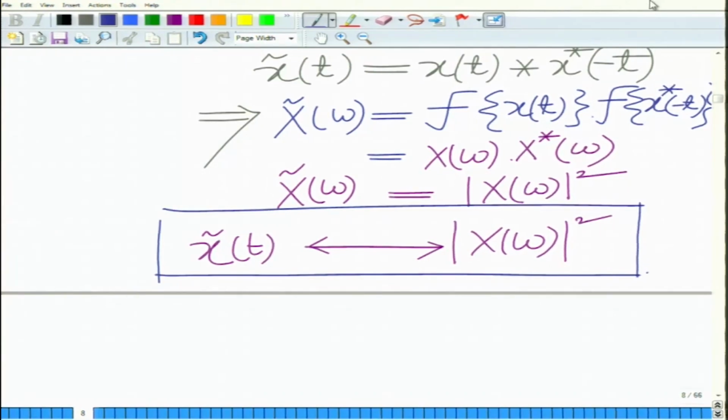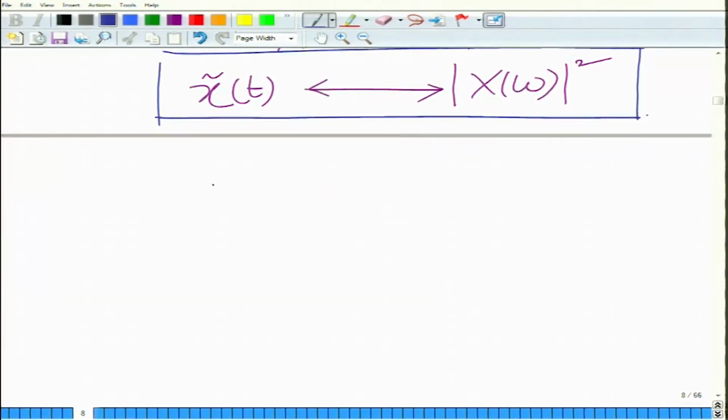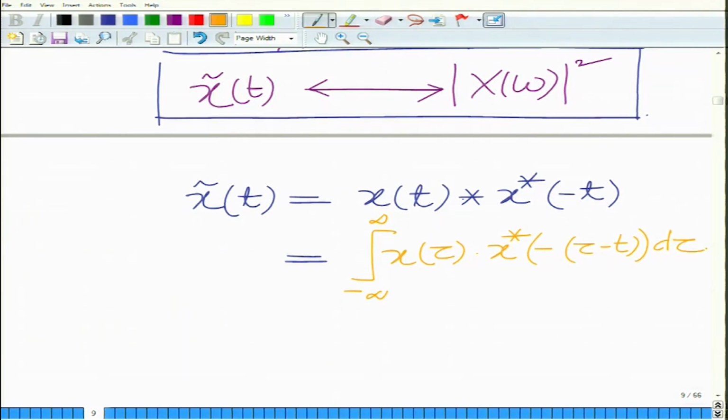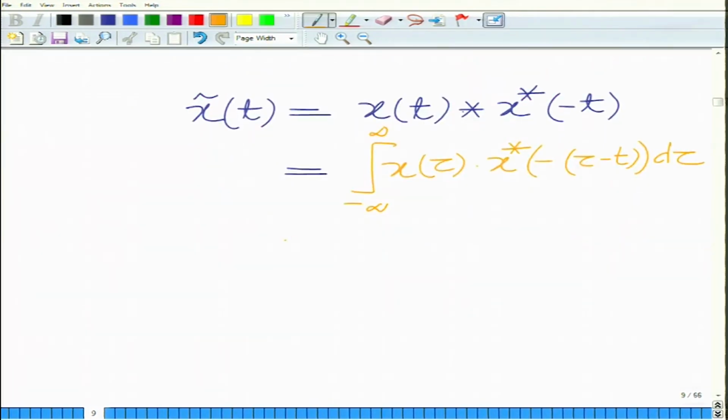Okay. Now, let us again expand x tilde of t, that is the convolution of x of t with x conjugate of minus t, which is basically, I can write it as integral from minus infinity to infinity x of τ times x conjugate of minus (t minus τ) dτ, correct.